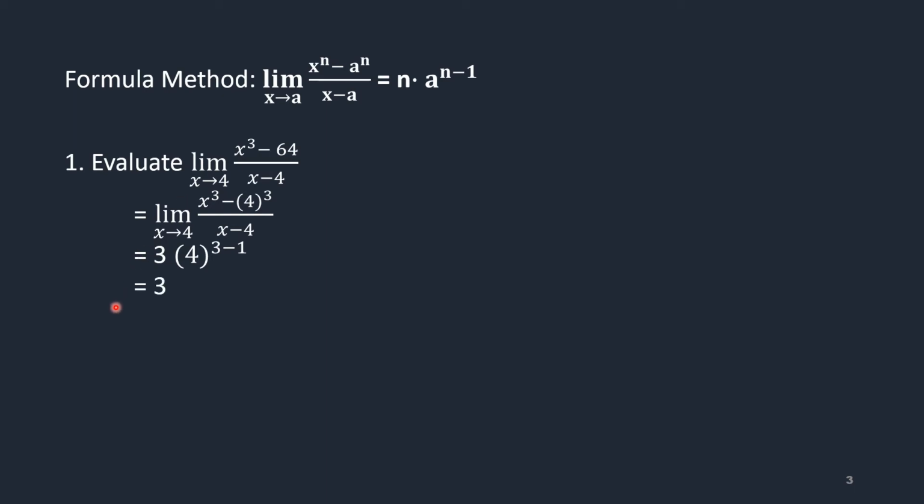So it becomes 3 into 4 squared, which is 3 into 16, which will be 48, the same answer as before.